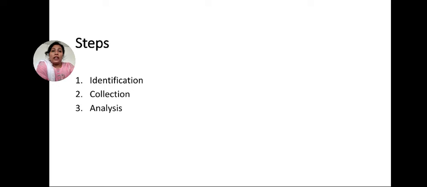Analysis is the third step, the third part of the definition. After collection of data, you will have to analyze the data, and then disseminate or use this information to make your decision or solve any issue, challenge or problem to get your results.